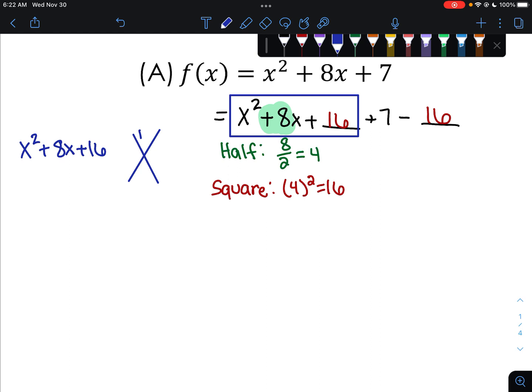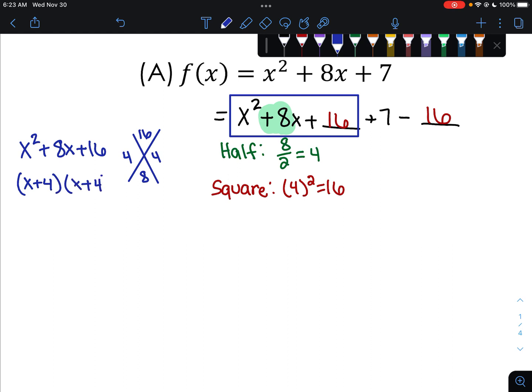The 16 goes on top, the 8 goes on bottom. We think to ourselves, what can we multiply to get 16 and add to get 8? We see that it is 4 and 4. 4 times 4 is 16, 4 plus 4 is 8.